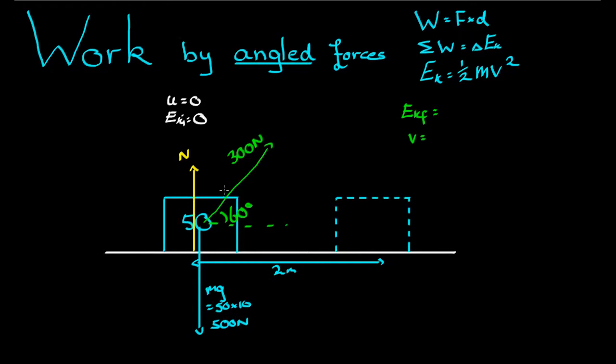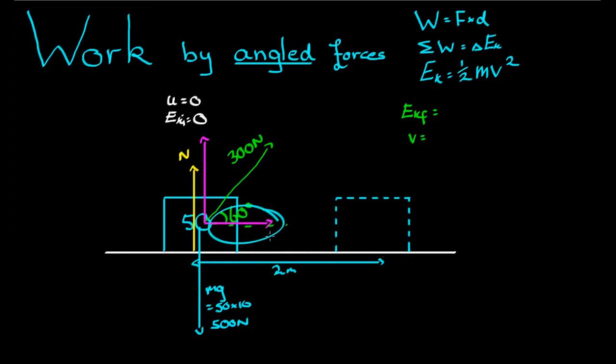To find out how big the normal force is, first we have to figure out the horizontal and vertical components of this force here. So it has horizontal component there, vertical component there, but I'm going to draw that vertical component over here.